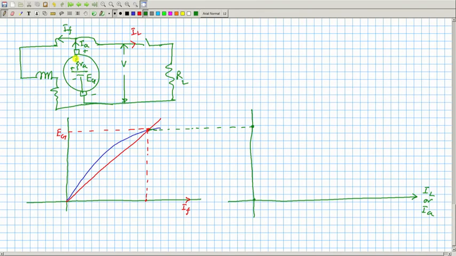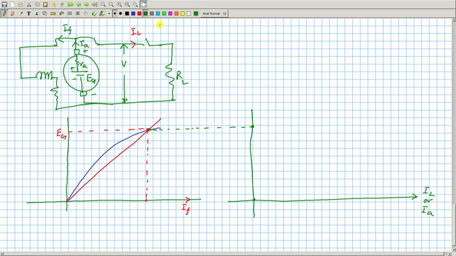So, little drop IRA you can neglect or whatever it is. So, it is like this. Therefore, if you start drawing current IL, it is expected that terminal voltage will fall, because EG minus IARA will come into picture, more current IL, IL is approximately equal to IA.